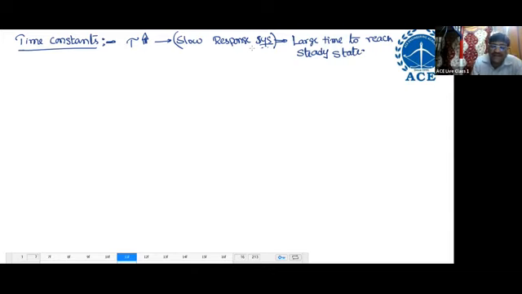So how many time constants does it take to reach the steady state? Practically, any system takes 5 time constants, 5 tau, to reach the steady state.